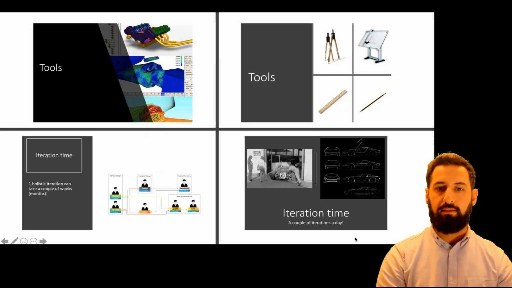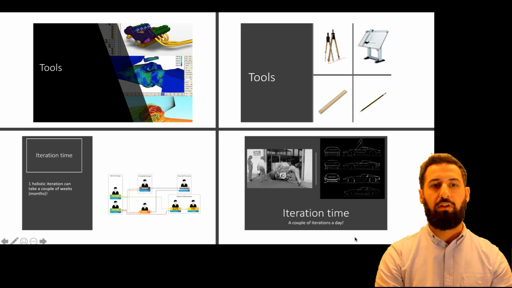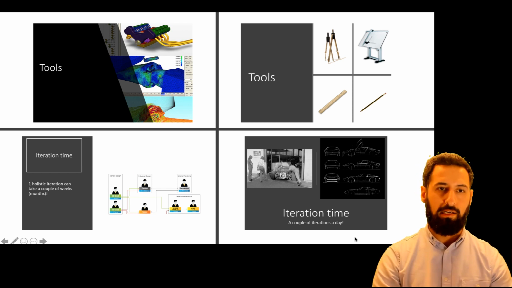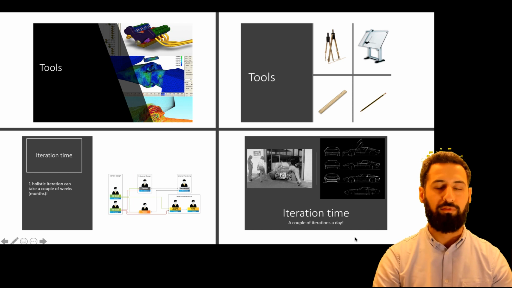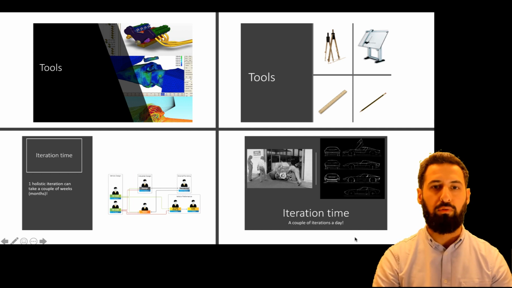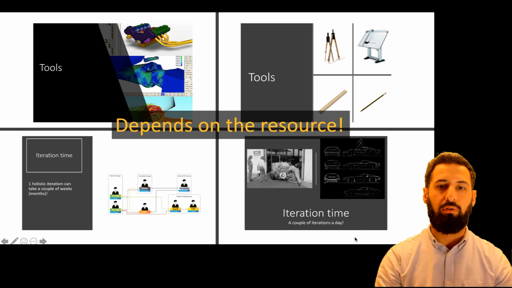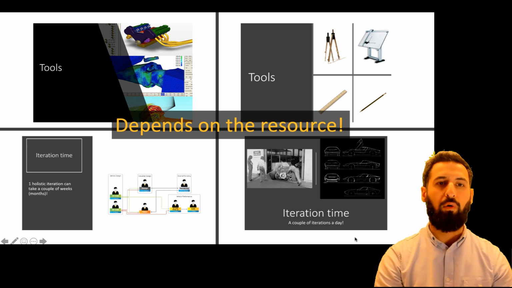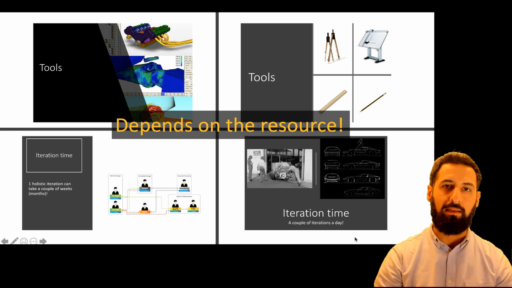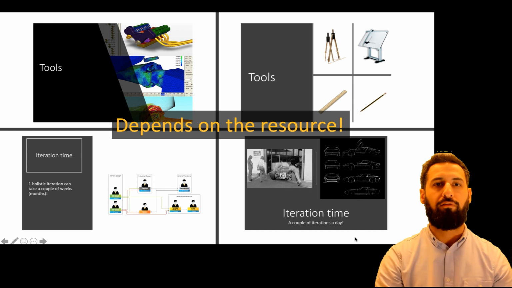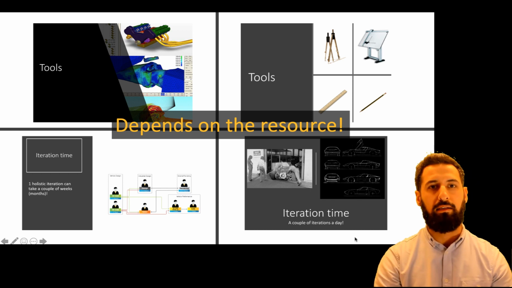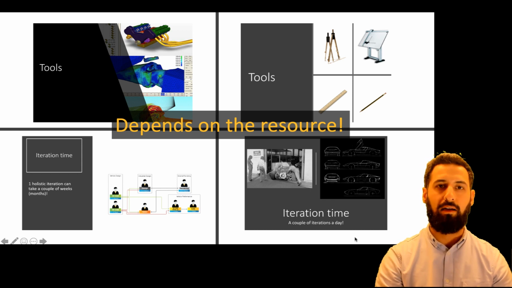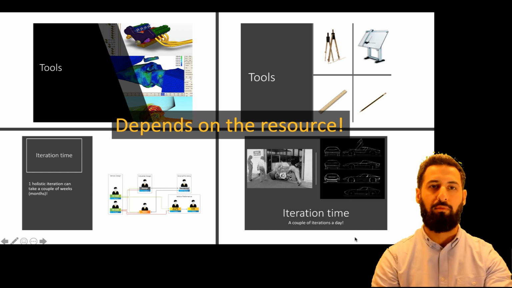Okay, and speaking of that, if you look at the summary from the last lecture, I talked about different types of tools and how these tools can be valuable depending on the resource. So if you know how to use the tool, meaning if you have good methods for how to use the tools, then the tools can help you to make something great.